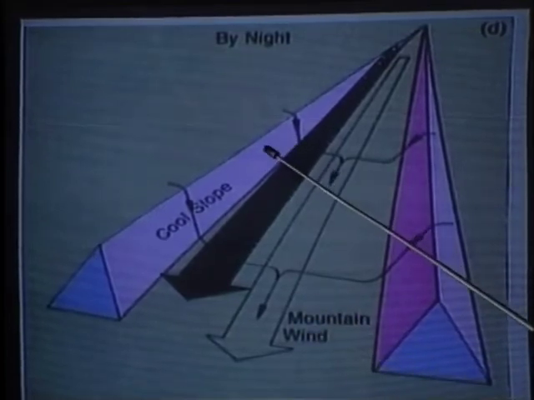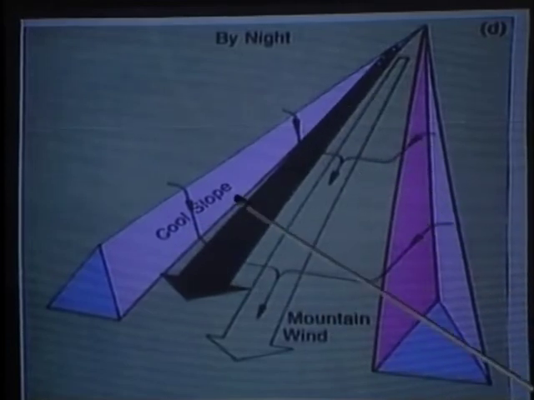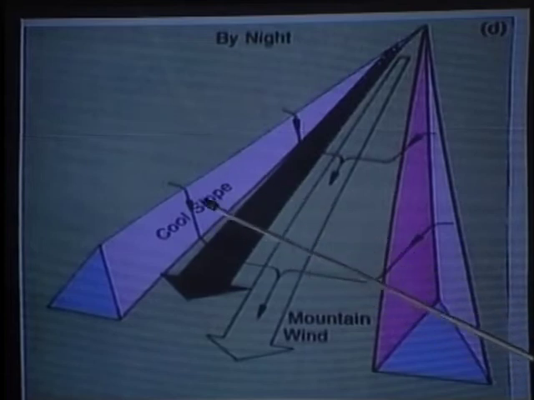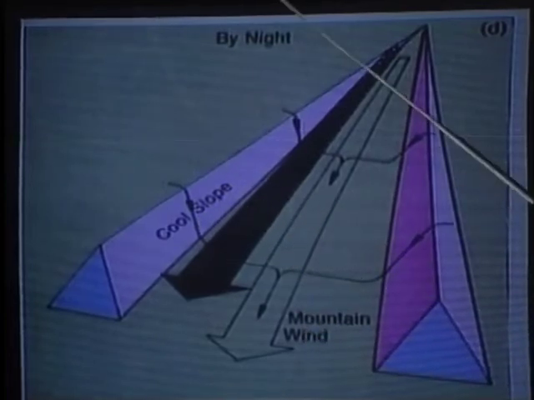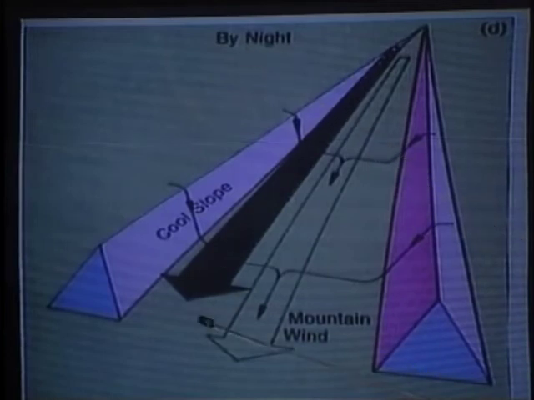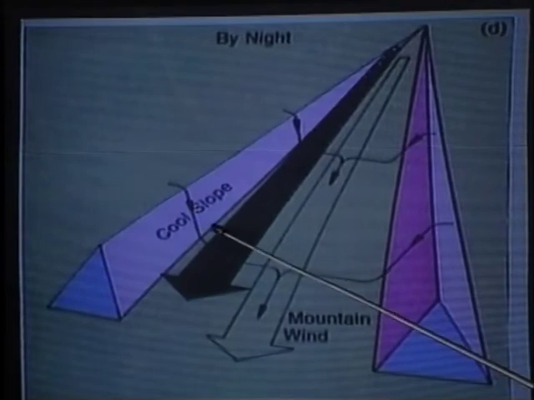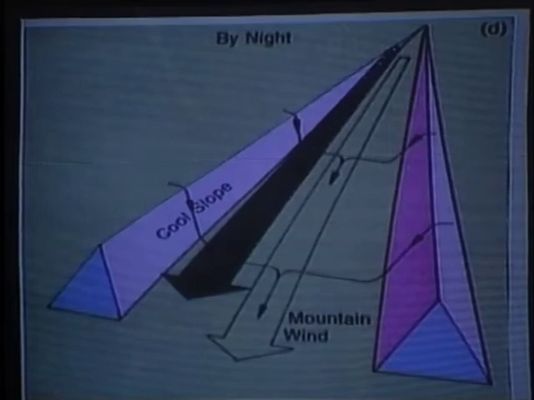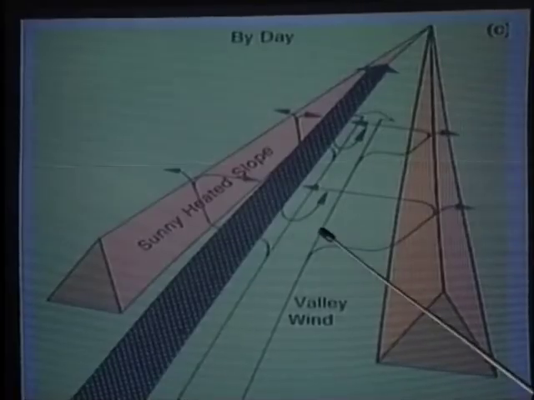Meanwhile, it is cooler along where the slopes are, resulting in the air moving from the slopes down towards the valley floor. So by night, the term we use to describe this example of that local wind will be the mountain breeze. So nighttime, it is the mountain breeze. Daytime, we call it the valley breeze.